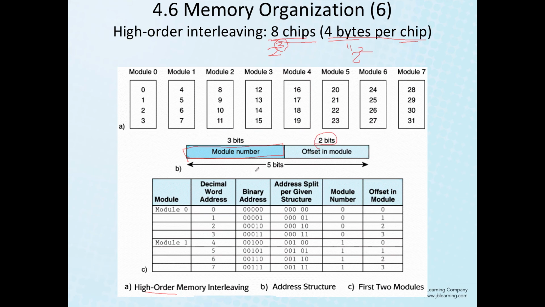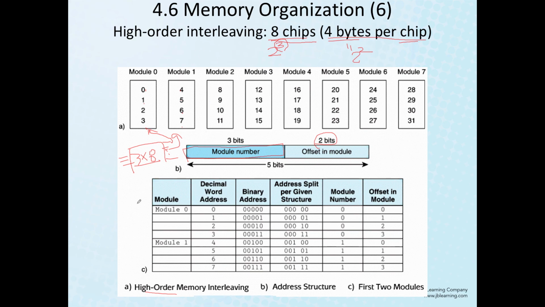To select one of 8 out of 3 bits, we need a 3 by 8 decoder: 3 bits, and then 8 outputs. Using this, we select one of the modules. The address space will be module 0, chip 0 with 0, 1, 2, 3, since it's 4 bytes, and then the next one gets the next address space, 4, 5, 6, 7, and so on. That is high order interleaving.